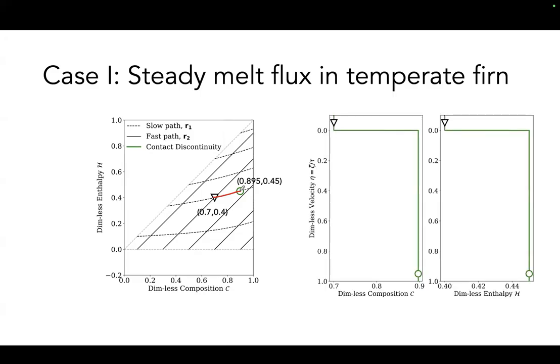So the solution can then be made in this plot showing the dimensionless velocity on the y-axis, and on x-axis you have dimensionless composition and dimensionless enthalpy. And as I said, there is this dimensionless velocity, which is the ratio of dimensionless depth to dimensionless time. Since these are self-similar solutions, you can multiply this with different times and get the solution at all those times.